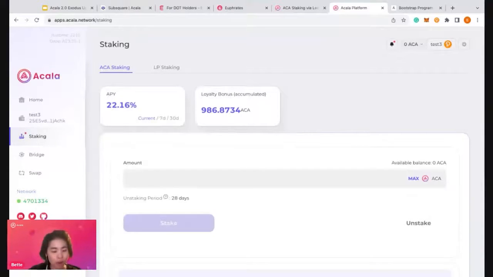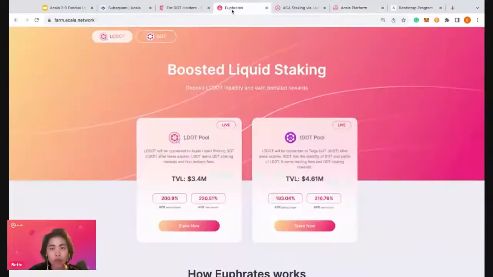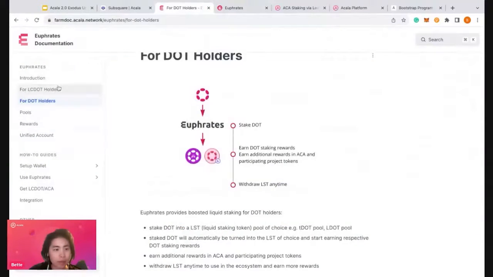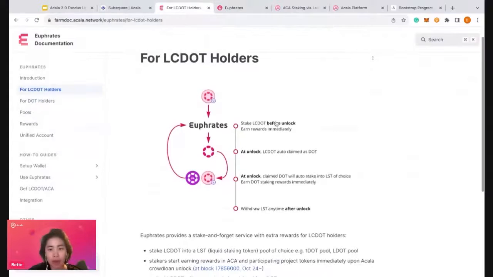There's no problem. Next, questions on Euphrates. Can I withdraw my LCDOT once it's staked? So once again, coming back to the LCDOT staking sequence.